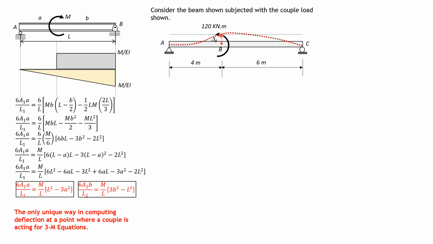By the way, we draw a horizontal line through B as our reference. So HA, which is delta B, equals HC, which is also delta B.